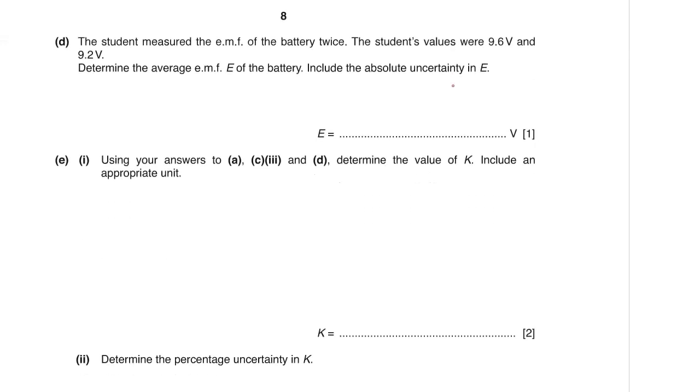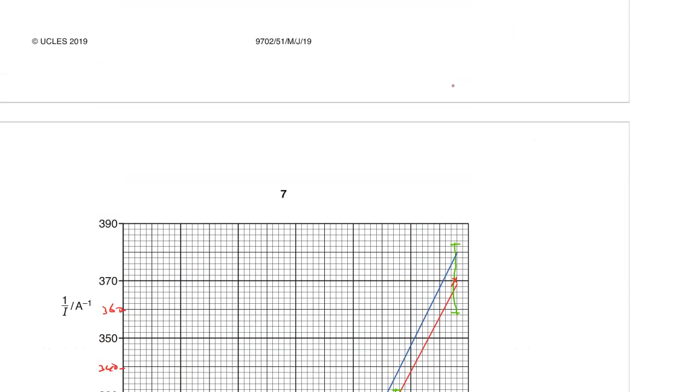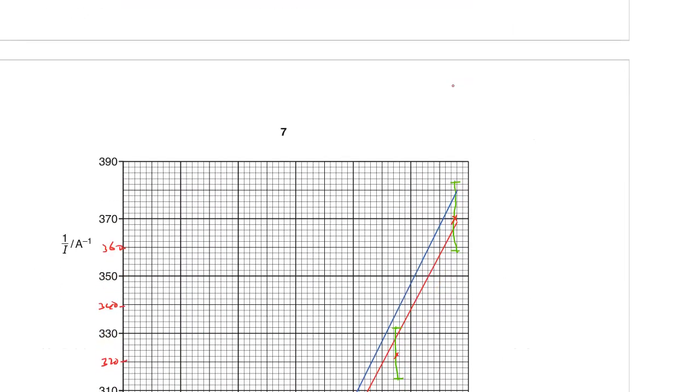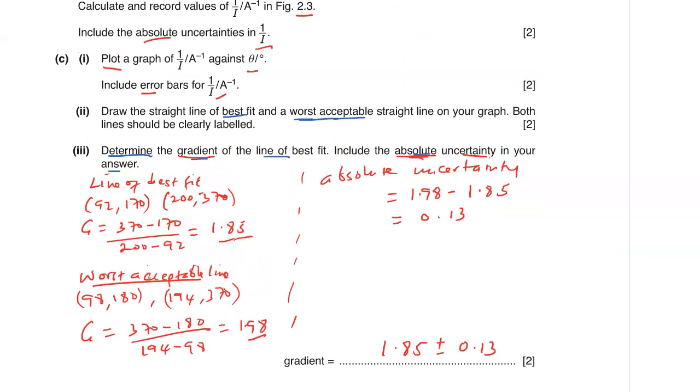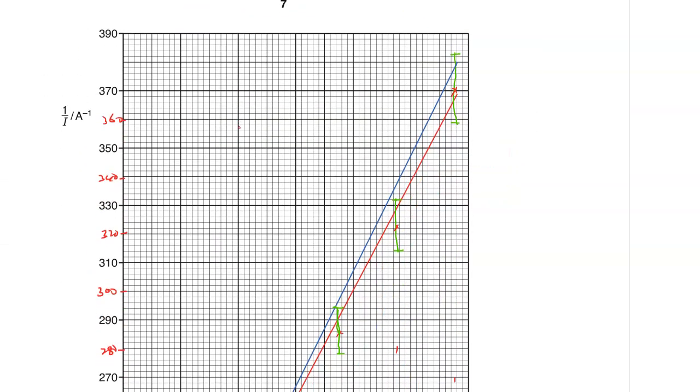Okay, part D. And before I forget, you're told to label both lines clearly. So this is the green one.